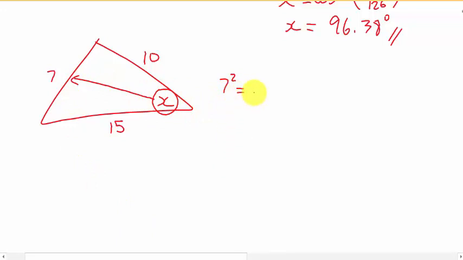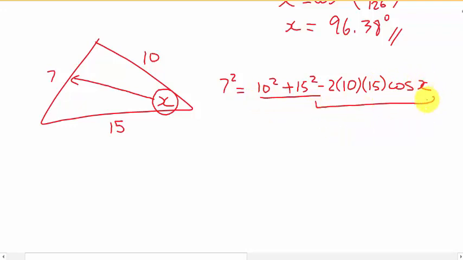So 7 squared is equal to 10 squared plus 15 squared minus 2 times these two numbers right here, cos of x.